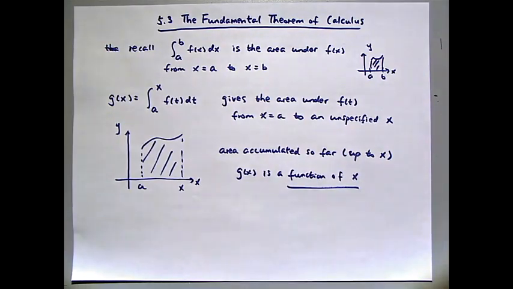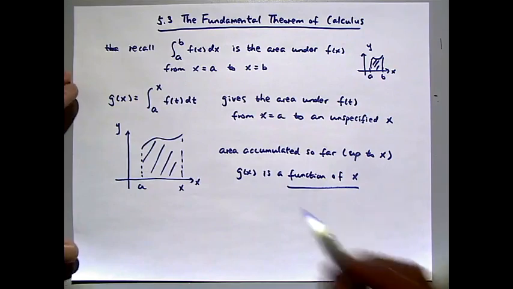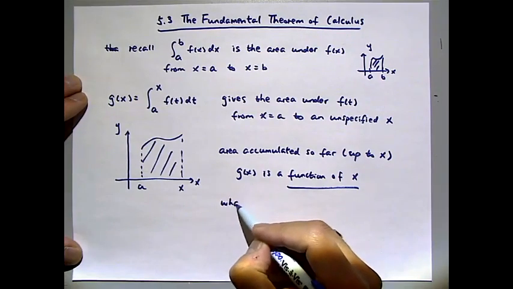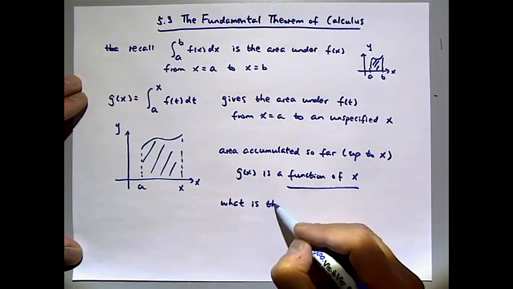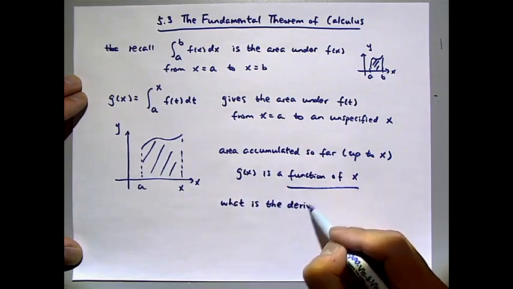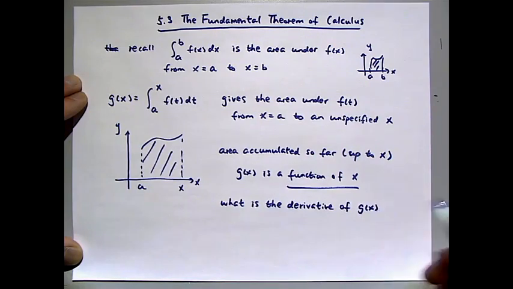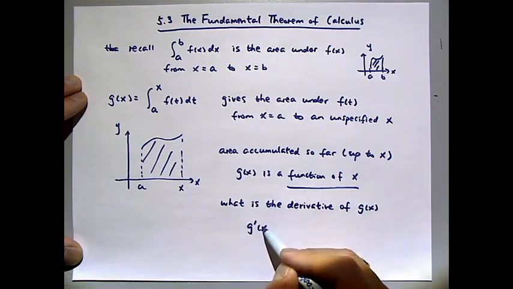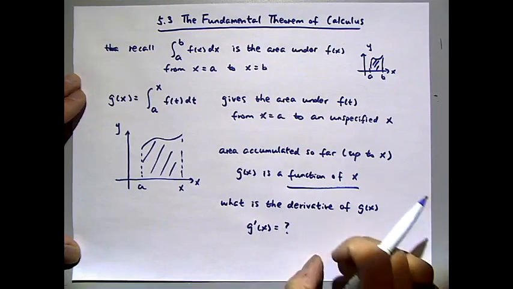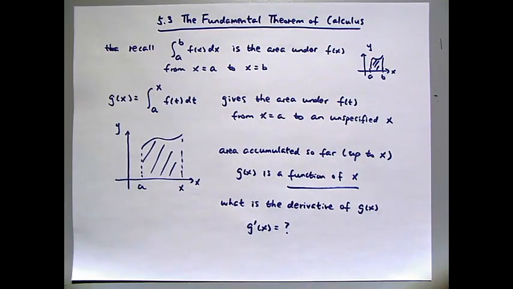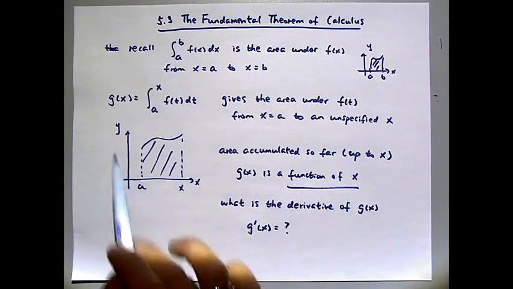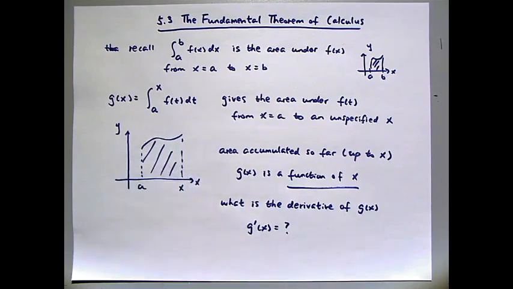For a function of x, that means it has a derivative. So how can we find the derivative of this thing? That's the first part of the problem we'll investigate. In other words, what is the rate of change of the area accumulation of this thing?